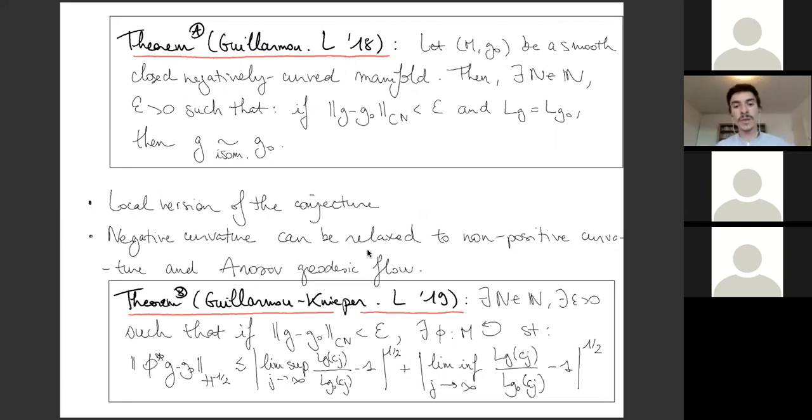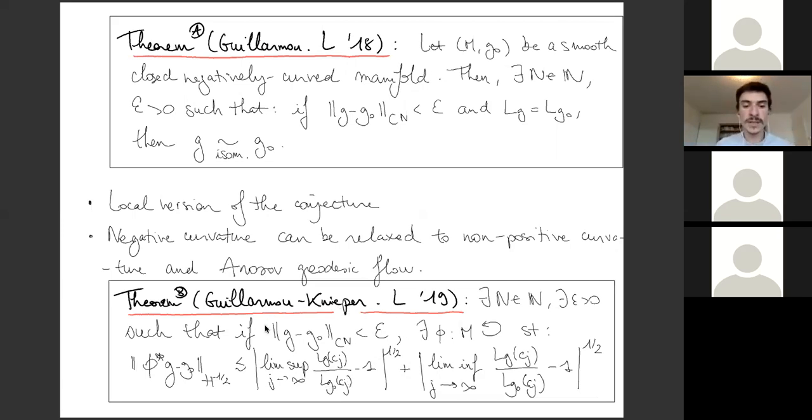Okay, so the new result that we obtained last year with Colin and Gerhard Knieper is the following. It's a stability estimate for this problem, and it's better in the sense that it only involves the asymptotic behavior of the Mark-Lane spectrum.